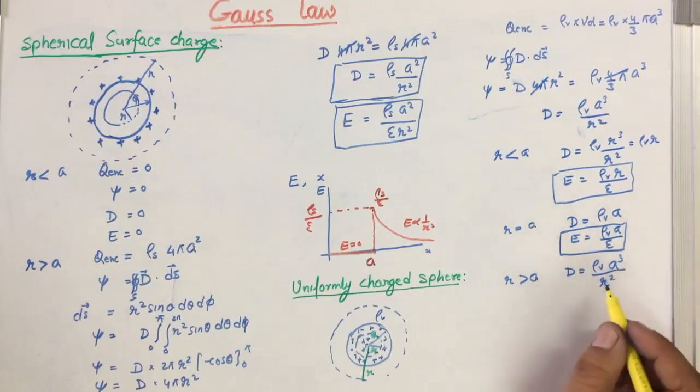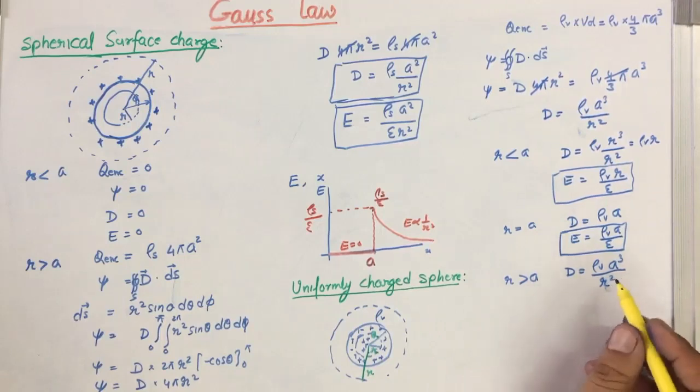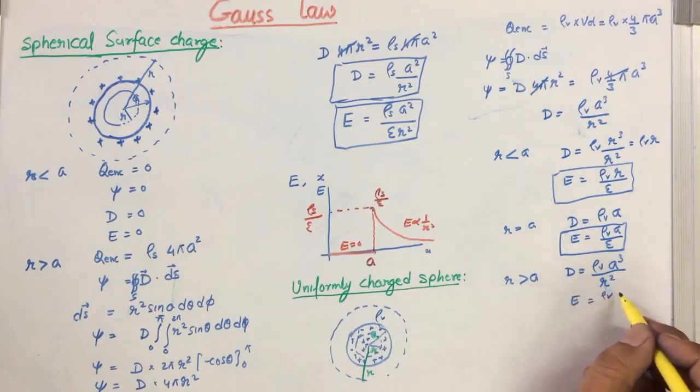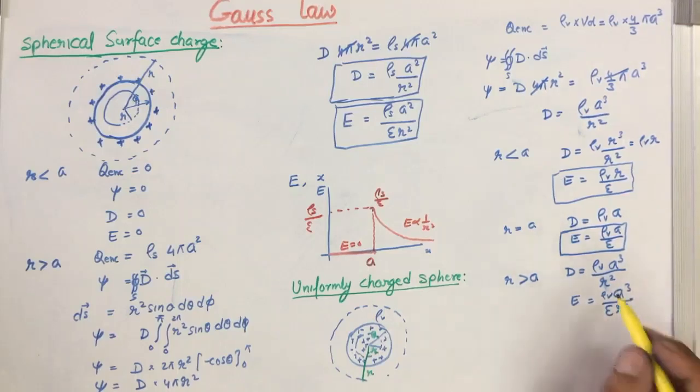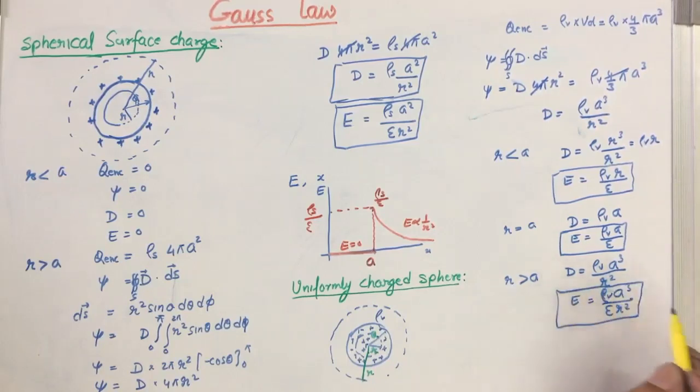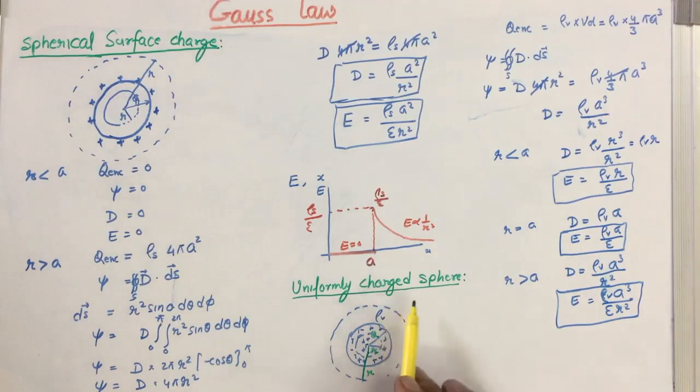This is constant, and E will be rho v A cube by epsilon r square. So in this way we have the electric field in different conditions in the case of a uniformly charged sphere.